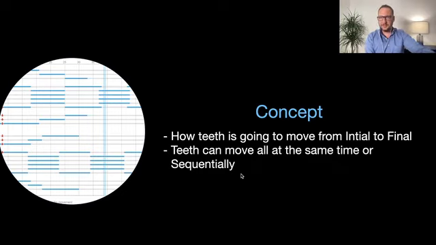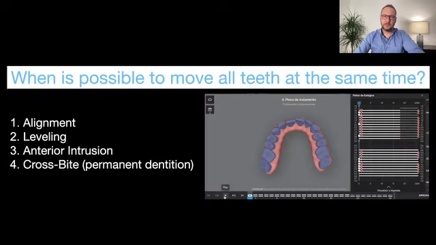The staging is putting this on ways, the software, the app, that can draw the map, how I'm going to get there, okay? So staging is exactly this when talking about aligners. If we are going to move, sorry, all teeth together, if I'm first going to move the cuspid and then I'm going to move the lateral, it's coordinating our movements to do it the best way possible, okay?